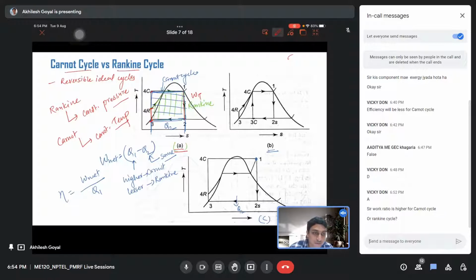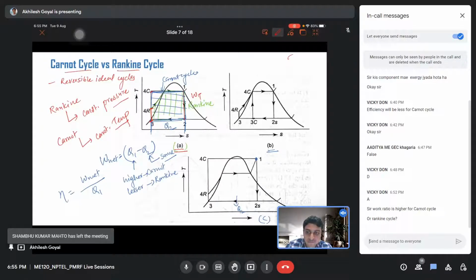Now the question is, work ratio is higher for Carnot cycle or Rankine cycle? Sorry, you are asking about work ratio, I got confused. Work ratio is net work divided by the turbine work. For Carnot cycle, if you see in this diagram, the net work is WT minus WP, and the value of WP is higher in the Carnot cycle.